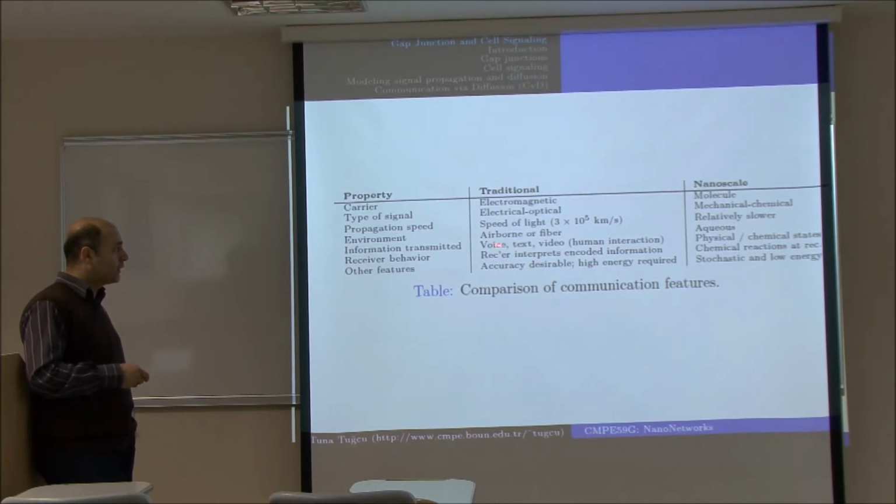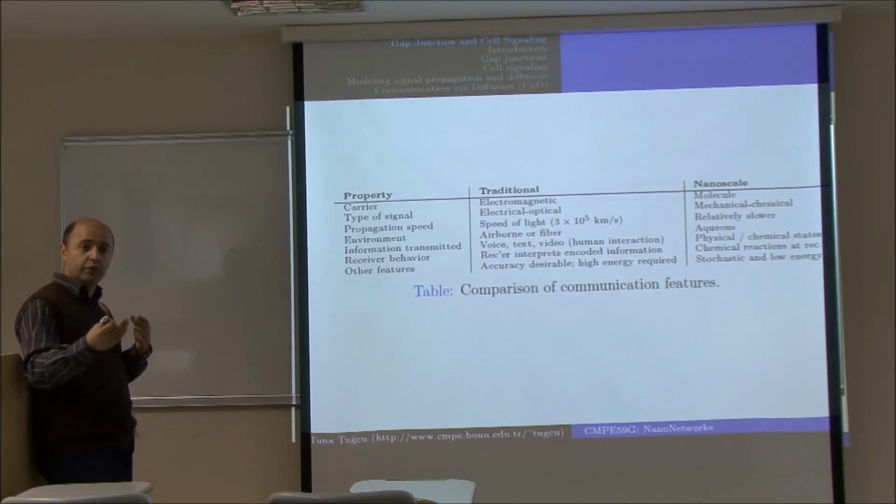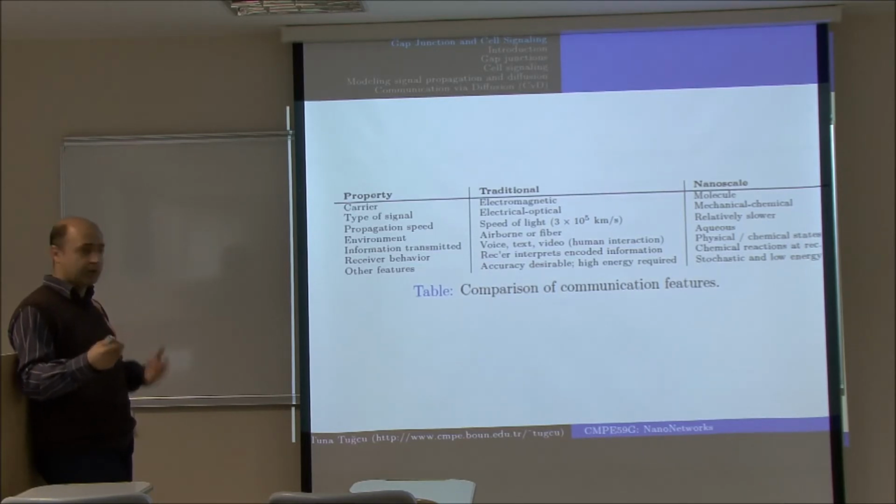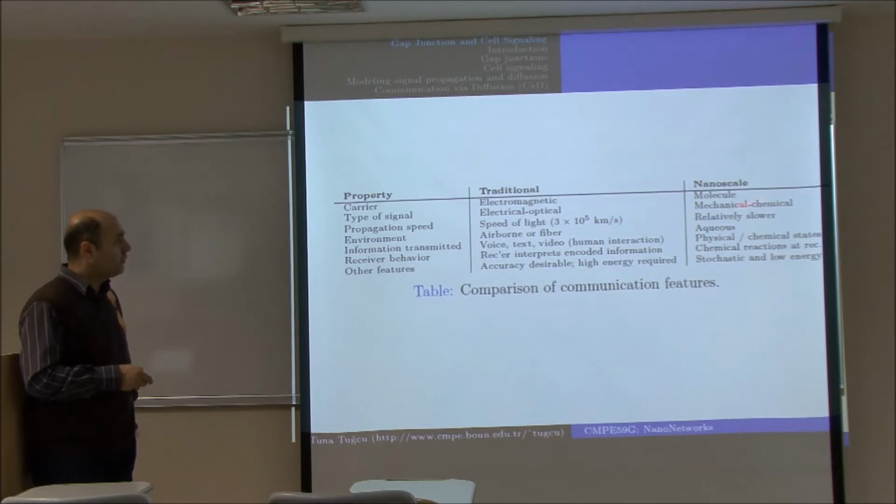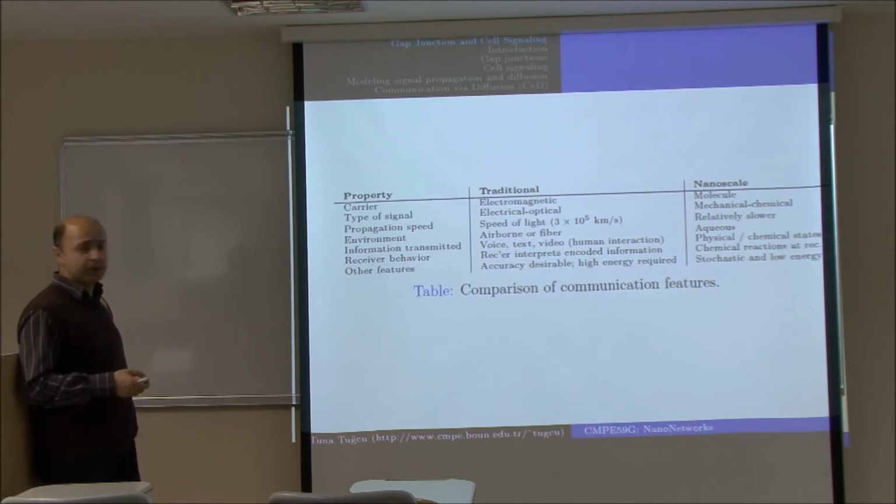So we try to provide voice, text, or video, whereas in nanoscale networks, at least one of the peers in the communication is in nanoscale. Therefore, we're talking about physical and chemical states of the nanomachines.